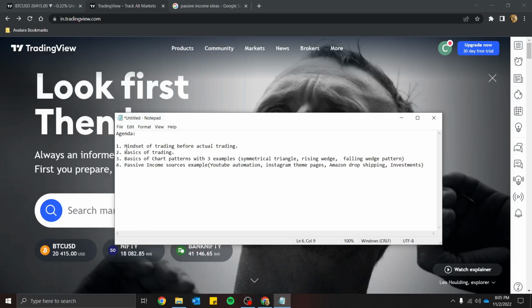The main agenda of the video is, first of all, to discuss the mindset of trading, whether it is the stock market, shares, long-term trading, or cryptocurrencies. The second point will be the basics of trading: what is needed to be a successful trader, and what skills we should acquire before switching our focus to making profits.